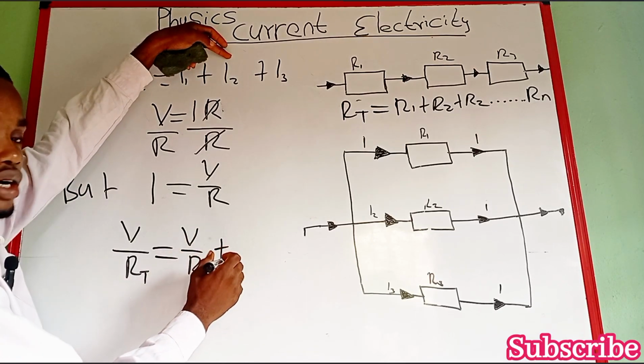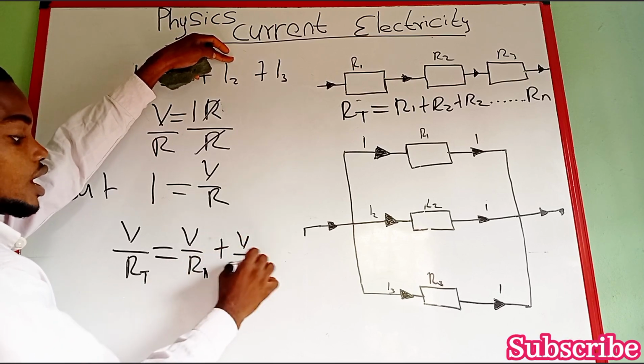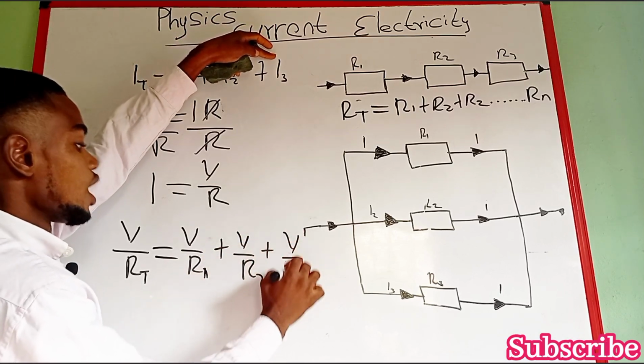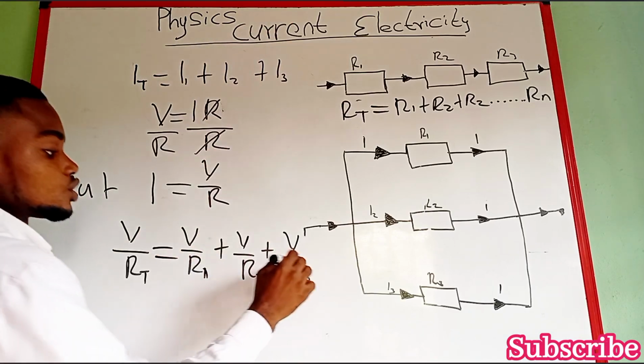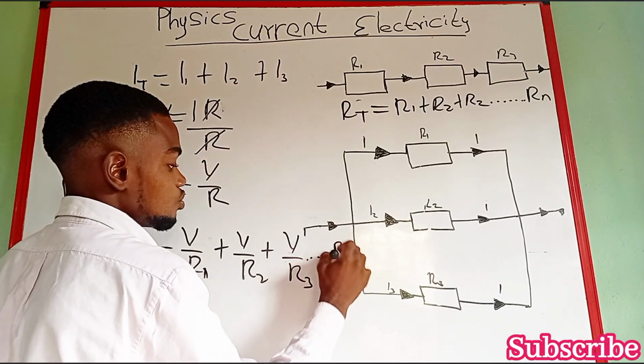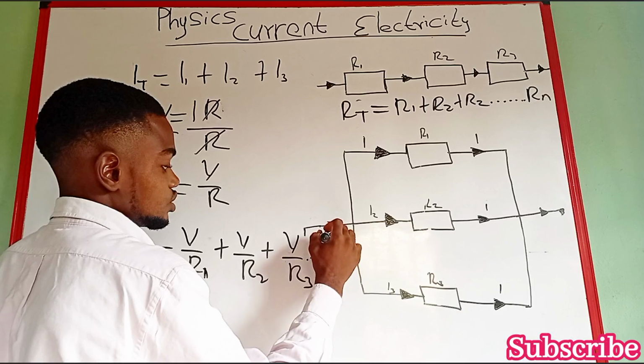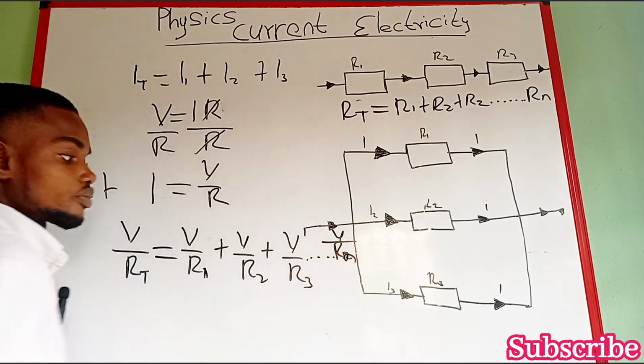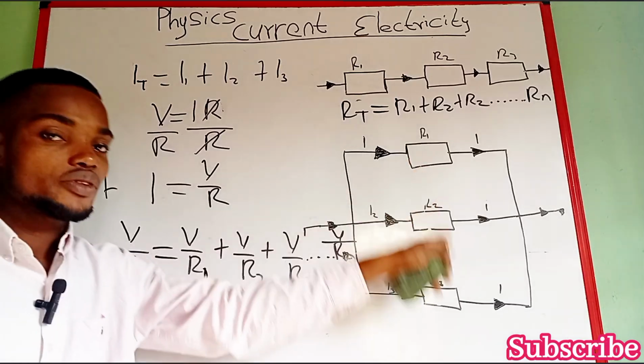Plus this other current, which is V over R2. You already know why I put R2. Plus V over R3. And this is also till the number of currents, that is, the number of resistors you have, I mean to say. All right, to infinity, but here we just have 3.